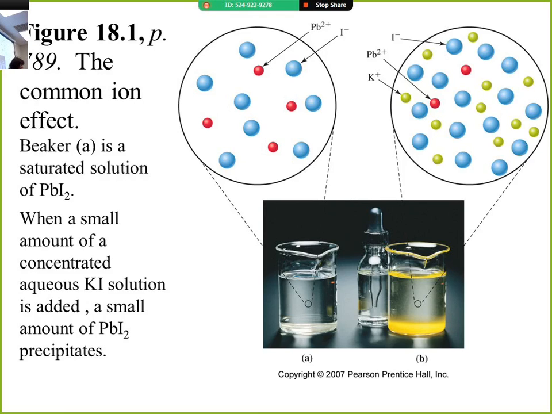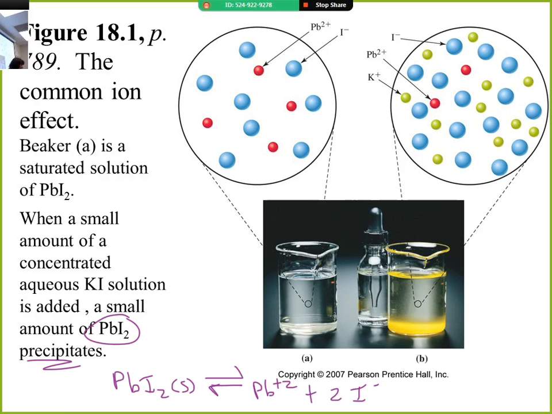So in today's problems, I'm going to really encourage you to keep doing this whole identifying the equilibrium of interest. So that's lead(II) iodide. So it looked like this, PbI2 solid in equilibrium with Pb2+ plus 2 I-. Does that make sense? Okay, that's the equilibrium of interest.